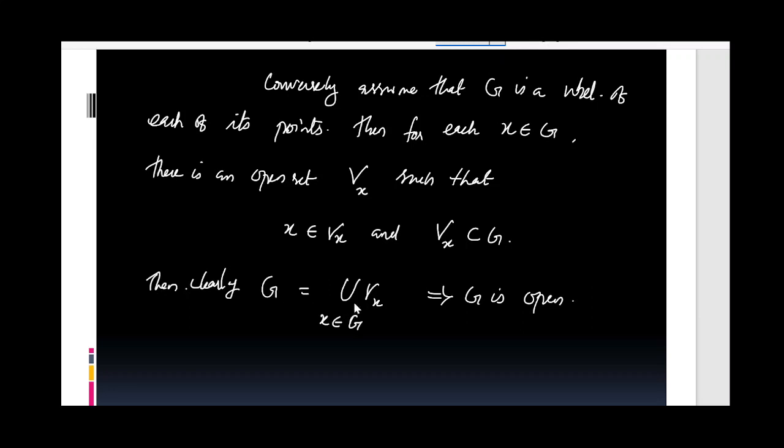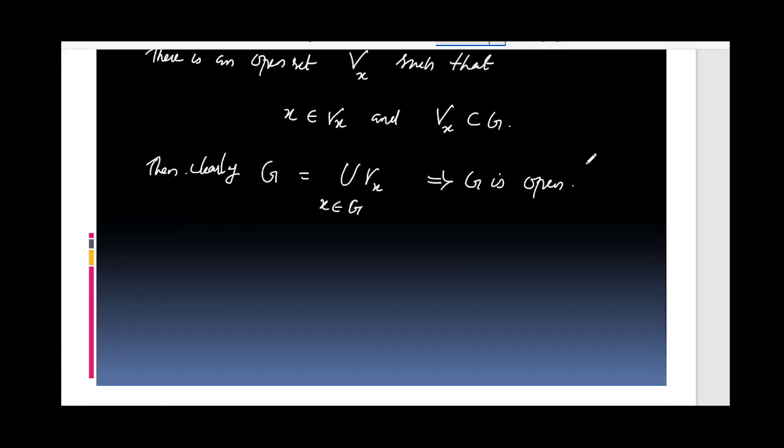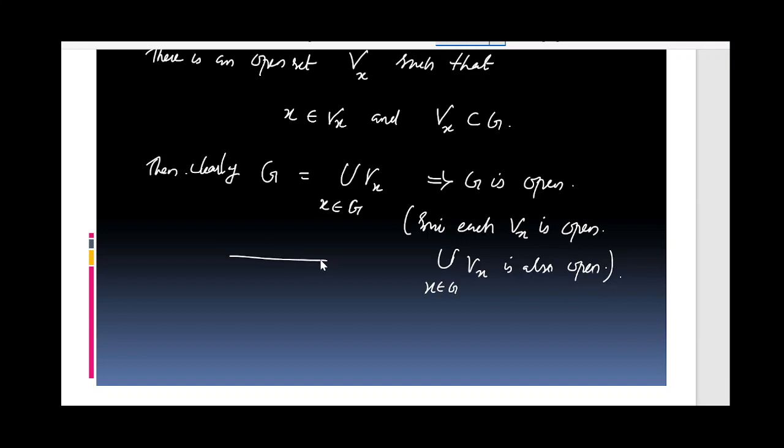Because G we have expressed as a union of open sets, so it is open. Since each Vx is open, the union over x belongs to G of Vx is also open. So we have proved the proposition.